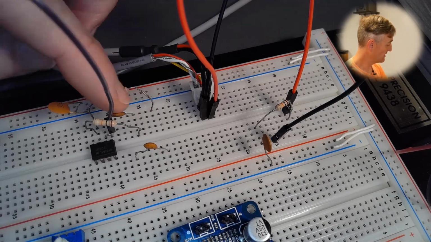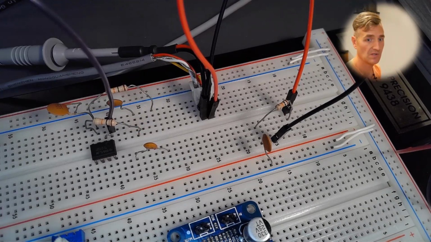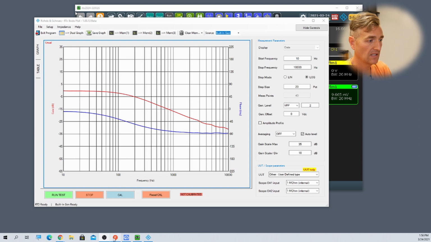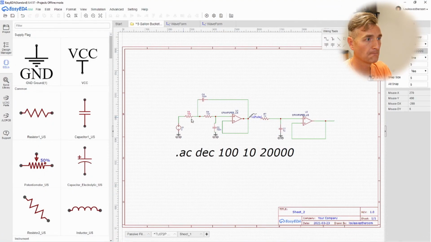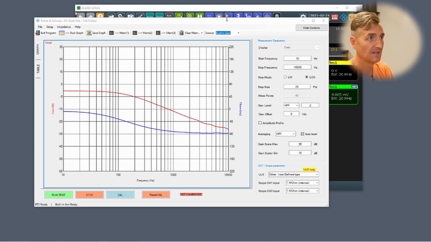So 100 nanofarad capacitors, two 10K resistors. Does that match what I had in my simulator? I think it does. 10K, 100 nanofarad, thumbs up. Our simulation matches what we've wired up. At least, I think it does.